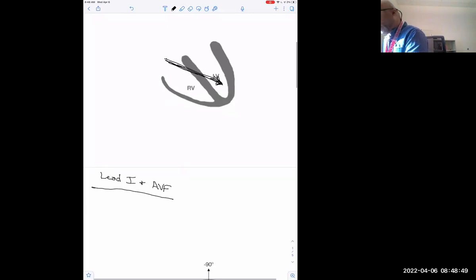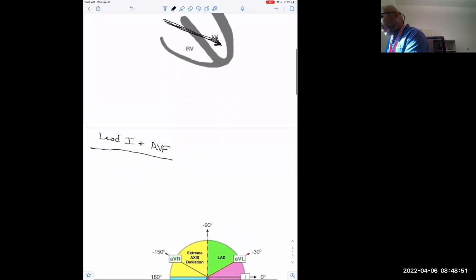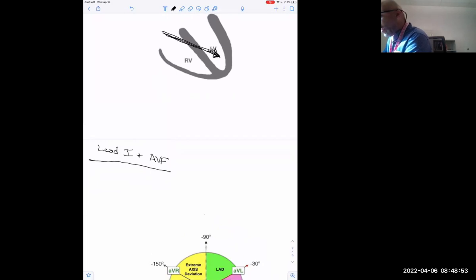Now, how does this work? Well, we need to remember this triangle called Einthoven's triangle. And we have this plane, and 3 particular leads make up this plane. And we remember, Chris went over this, that lead AVF is this leg of the triangle.